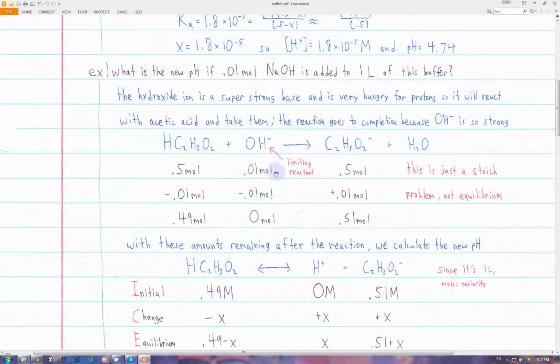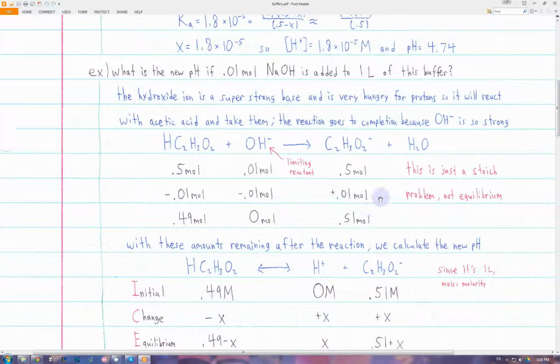So we can see that the hydroxide ion is going to be the limiting reactant, and they are all in a 1-to-1 ratio. So these lose 0.01 moles, while this one gains 0.01 moles. Final amounts after the reaction: all the hydroxide is gone, acetic acid is 0.49 moles, and acetate ion is 0.51 moles.